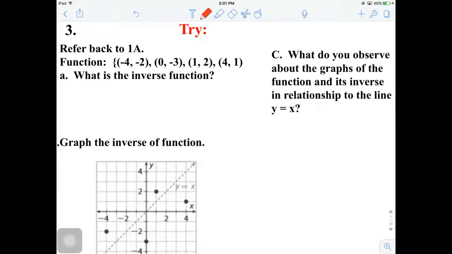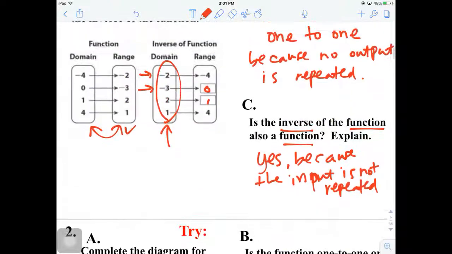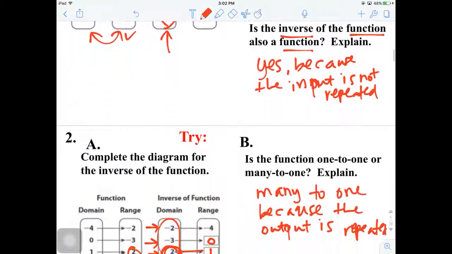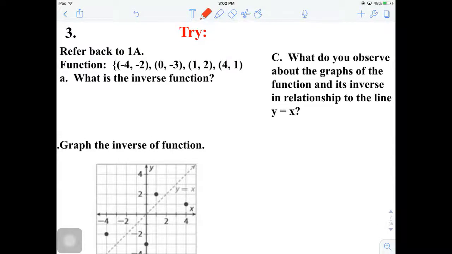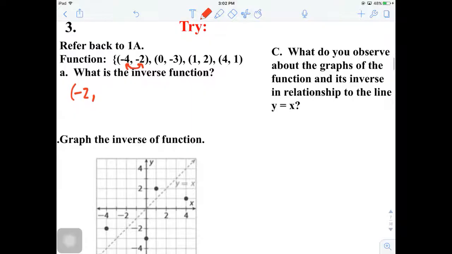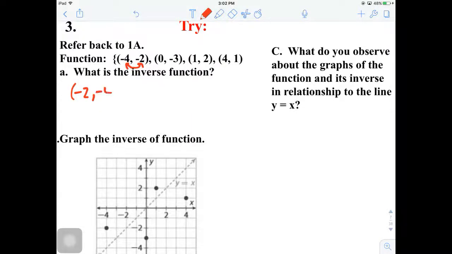The next example, we're going to refer back to 1a. 1a is over here, and we're going to take a look at that problem. It says the function is given by those 4 points, and what is the inverse function? So we're going to, again, switch the x and y to give us the inverse.